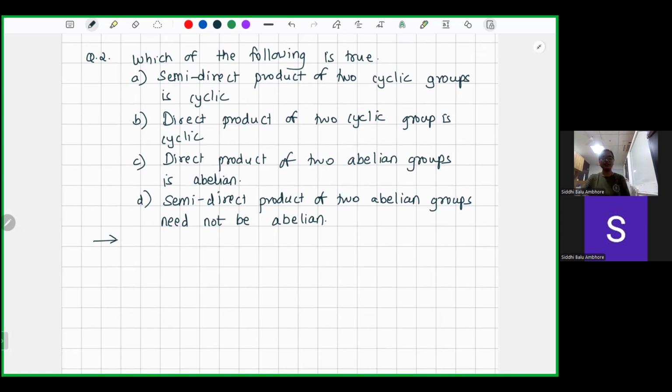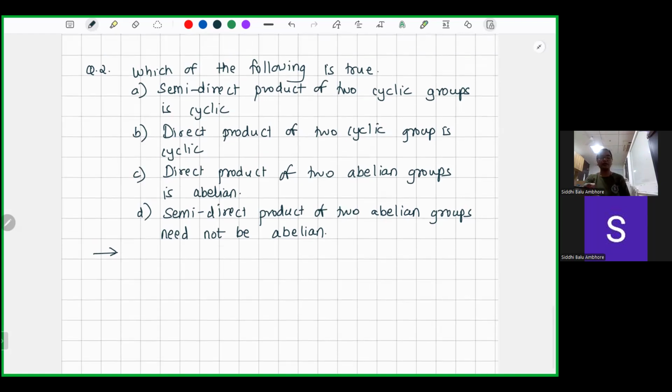This is the question where we should first understand what the question asks. It asks: the semi-direct product of two cyclic groups is cyclic, then the direct product of two cyclic groups is cyclic, then the direct product of two abelian groups is abelian, and the last one is the semi-direct product of two abelian groups need not be abelian.